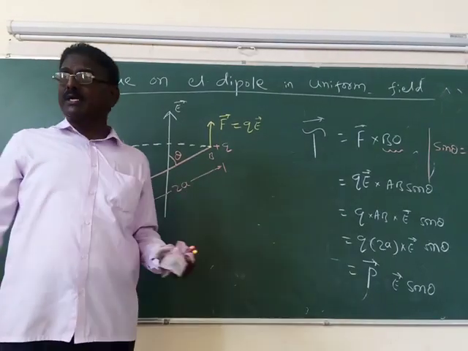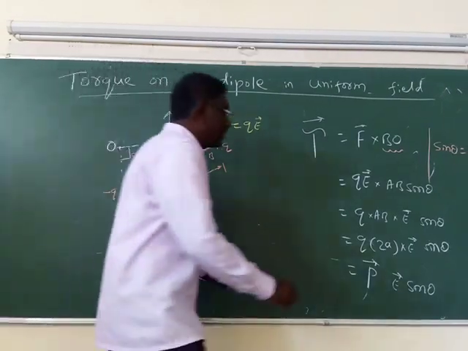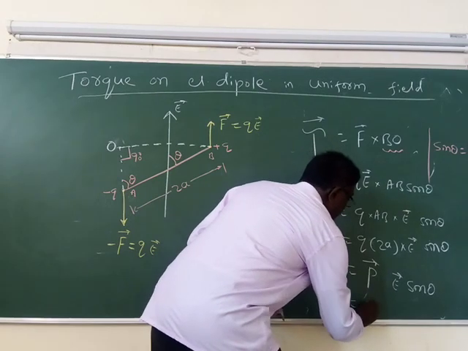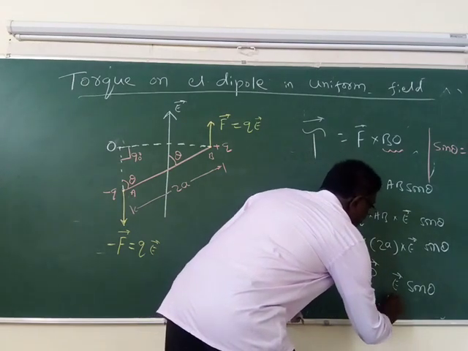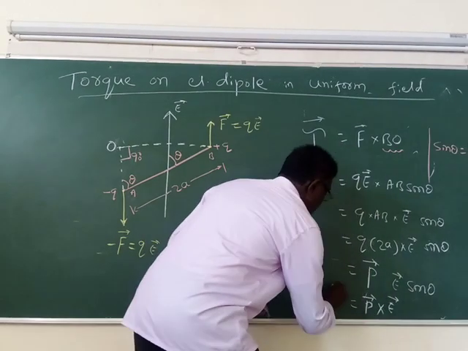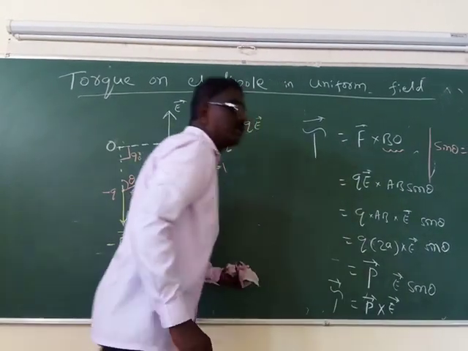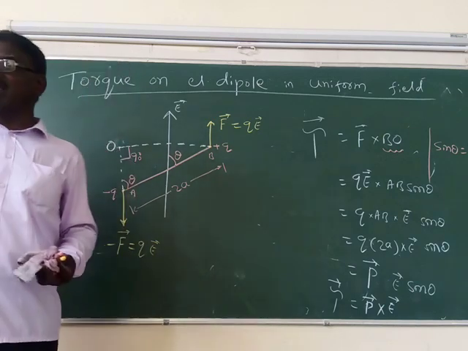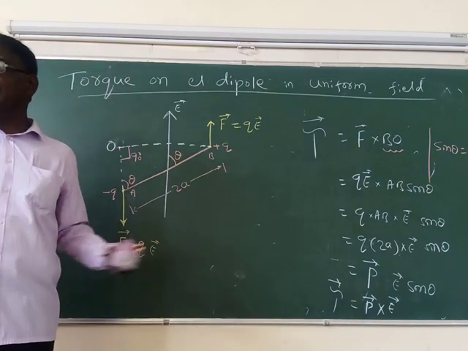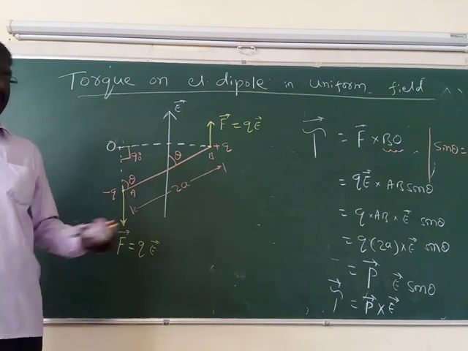Torque is a vector quantity. In vector form it is written as tau equals vector P cross E, which has magnitude P sin theta.